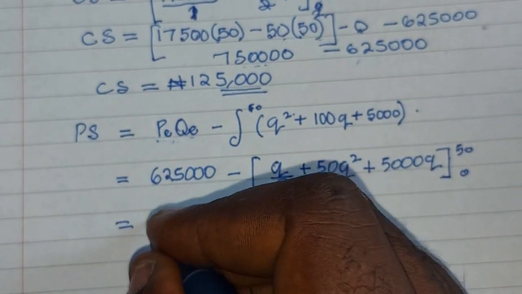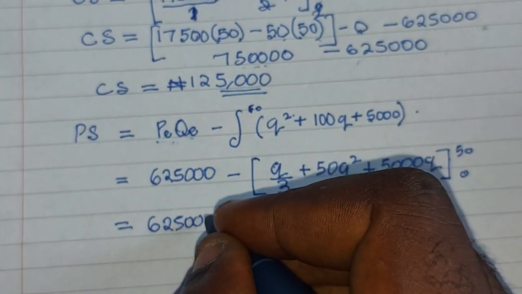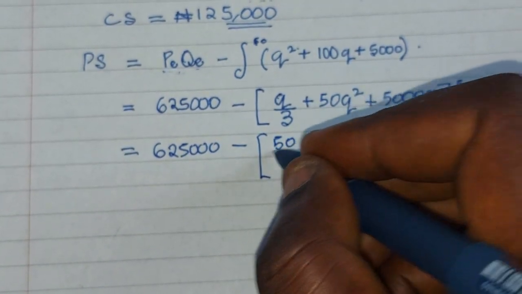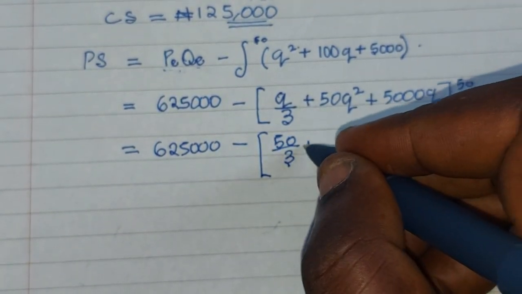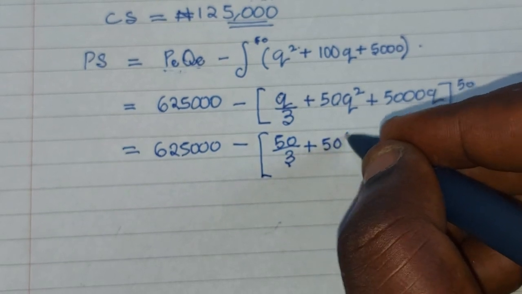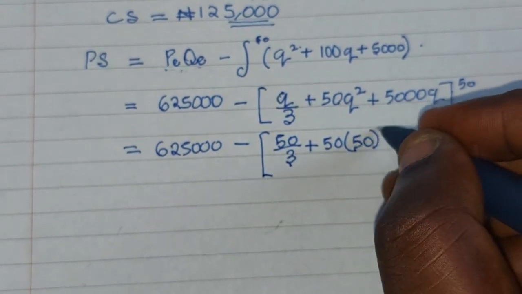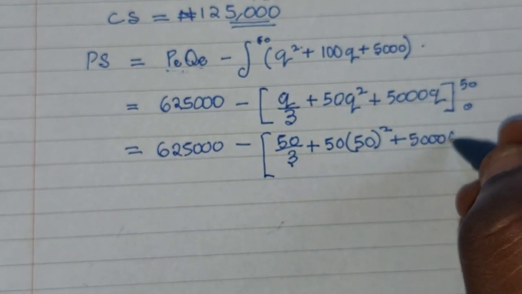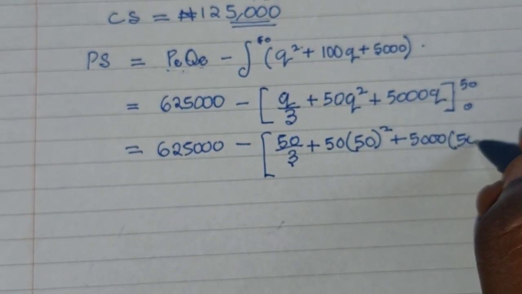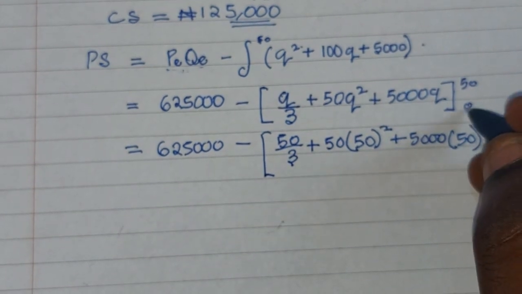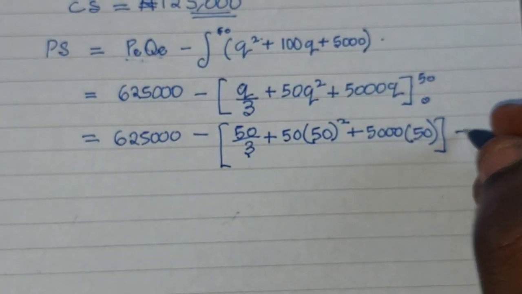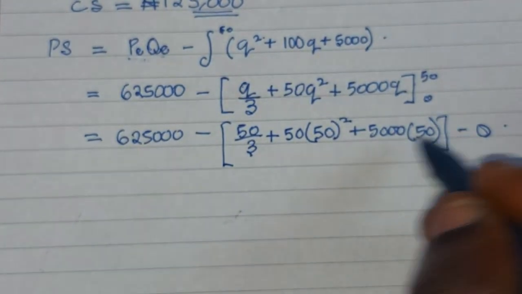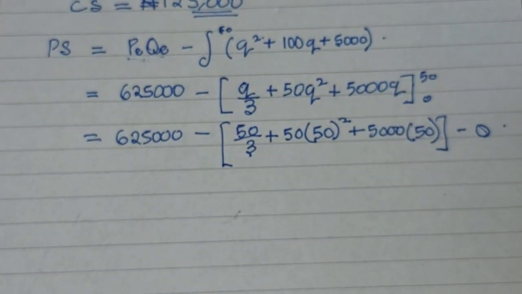So we have 625,000 minus, open your bracket, 50 cubed all over 3 plus 50 into bracket 50 raised to power 2 plus 5,000 times 50. Then I told you when you substitute for 0, everything will give you 0.